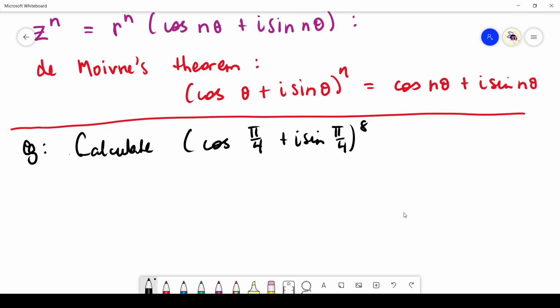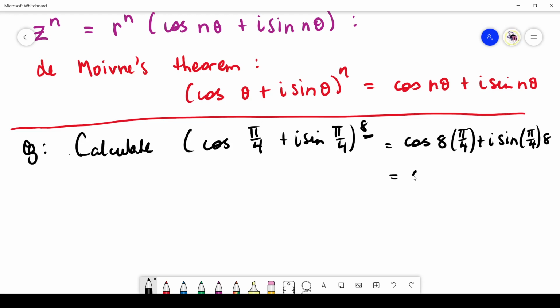So what you can do is apply De Moivre's theorem, which says that if there's a power up top, we can just take that value and multiply it by the existing angle. So we simplify this into π/4 multiplied by that given power of 8. You can write it before or after, it doesn't really matter.